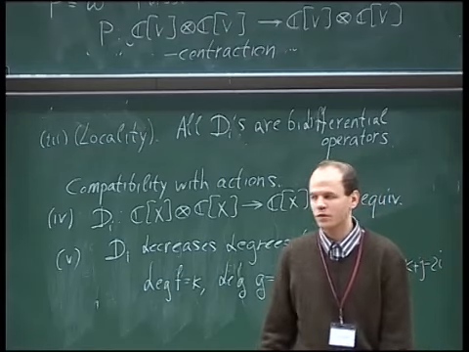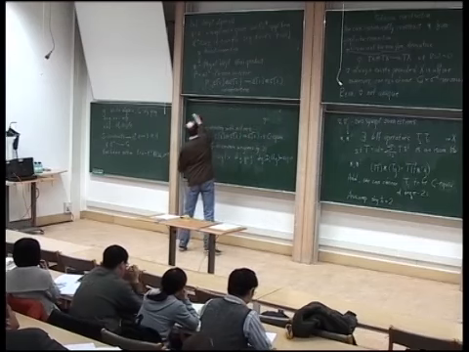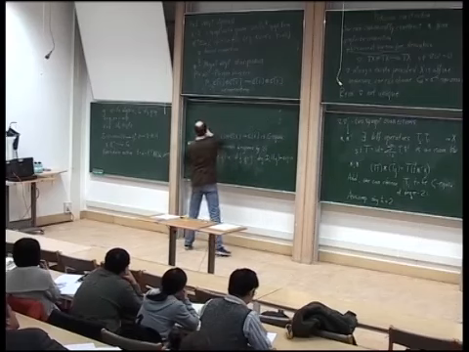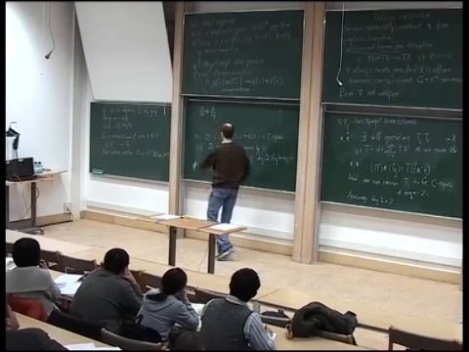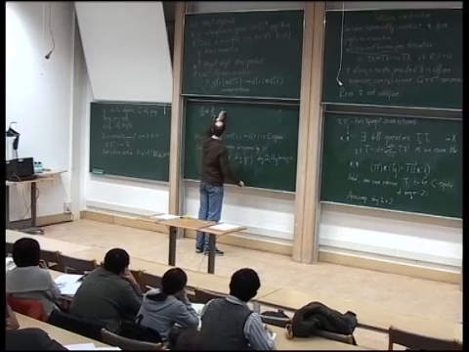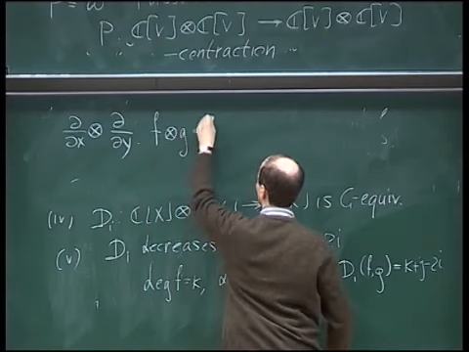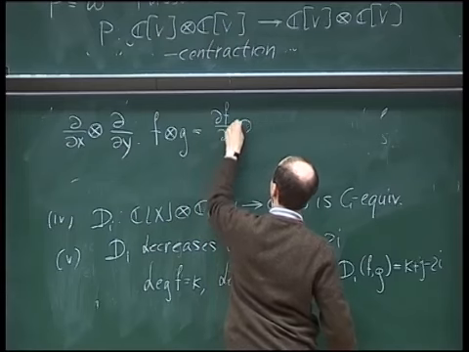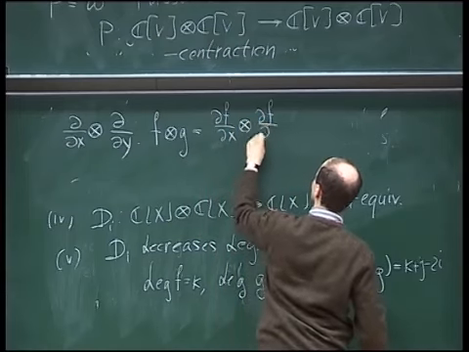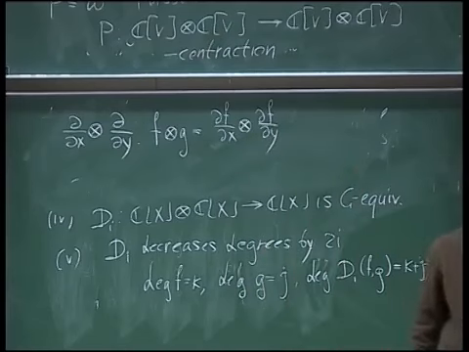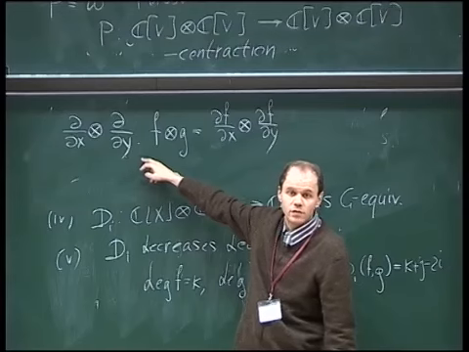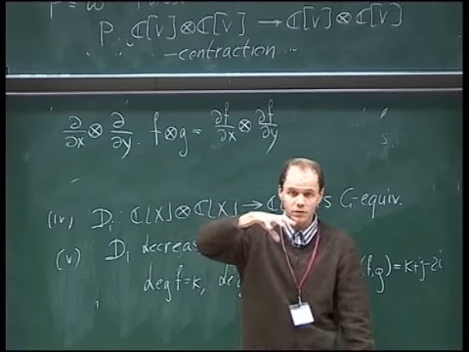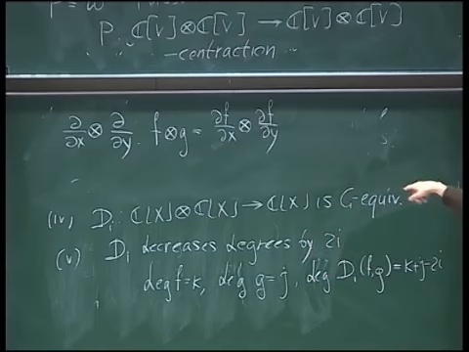Well, one can write a formula: if you have d over dx times d over dy, and you want to apply this to a function f tensor g, well, we of course have df over dx. That's a shorthand notation for this. So the Poisson bivector is a sum of these gadgets. And when I apply this Poisson bivector, this means this derivation.